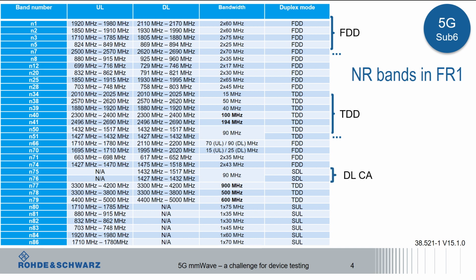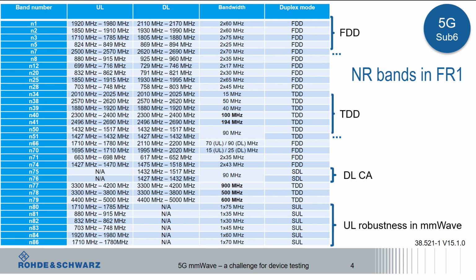And then you see here also that supplemental downlink is specified in sub-6, or FR1, which is mainly used for downlink carrier aggregation, where you don't necessarily need an uplink in the same additional band. And you have supplemental uplink. Supplemental uplink is not necessarily an additional uplink carrier to provide a higher data rate.